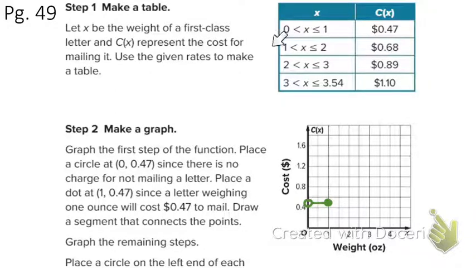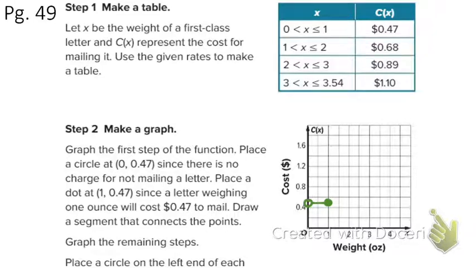So what I did was I just graphed this first step. This first step began at x equals 0, and it stretched to x equals 1, and I put that bar at 47 cents. Where does the next step go? 68 cents.